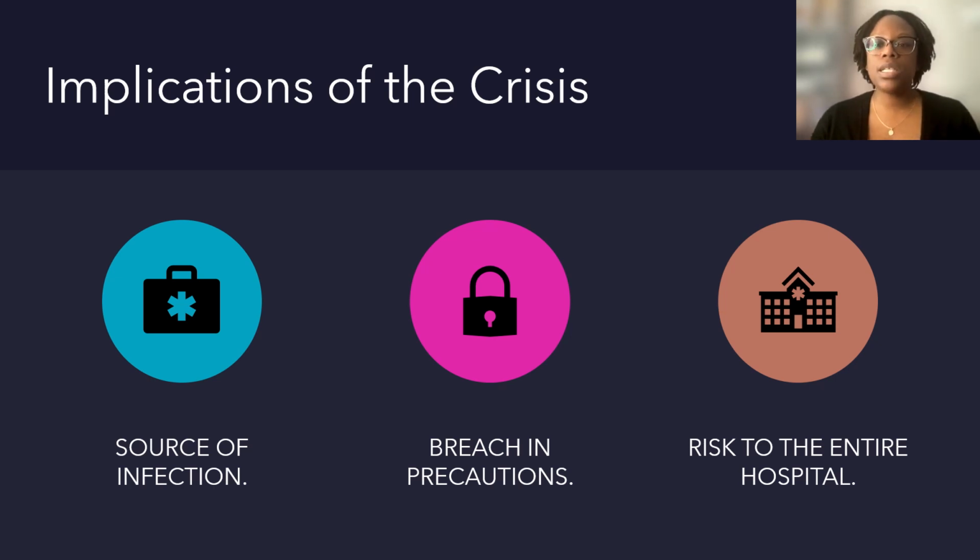The data also implies that at some point there was a breach in maintaining proper precautions for this patient as well as the other patients on the unit. Lastly, the data also implies that however the breach occurred, it has contaminated the unit with the potential to contaminate the rest of the hospital if not controlled.